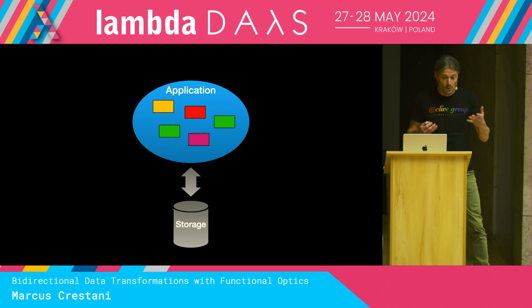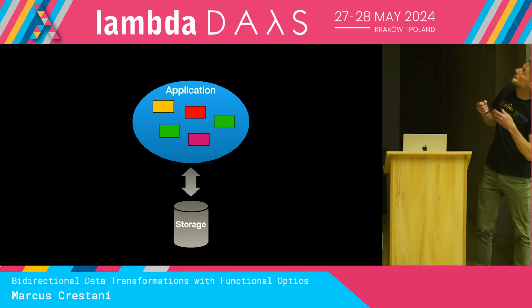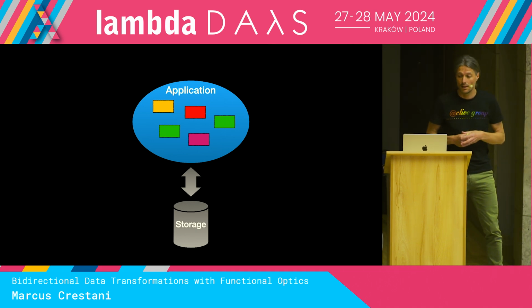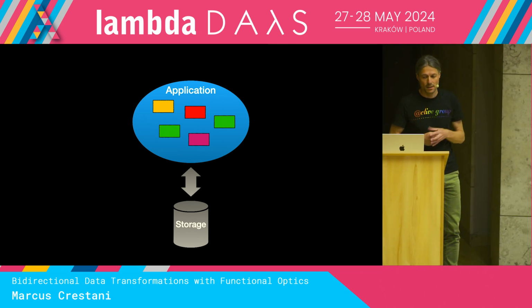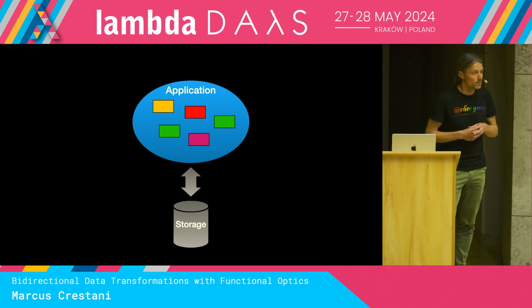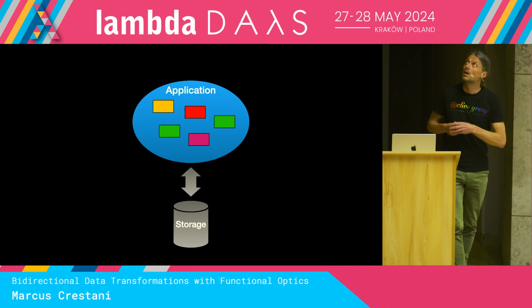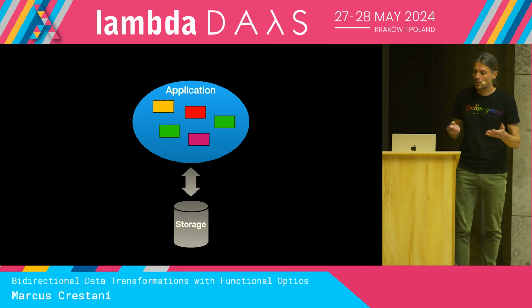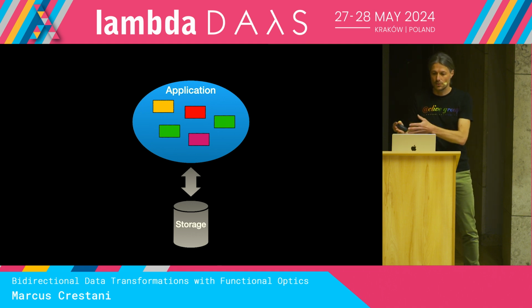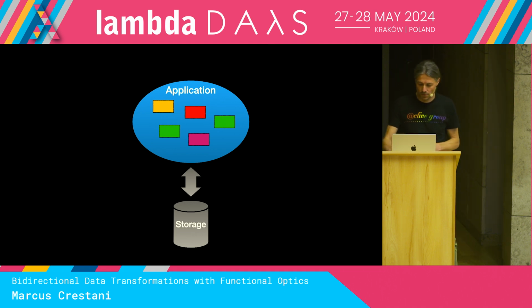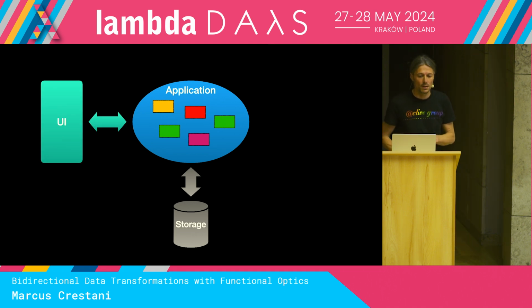And of course, we also need to move the domain objects back again, move them from the storage, transform them back, and move them back into our domain representation. This separation is useful, of course. It decouples the domain logic from our storage, allowing both to change independently.